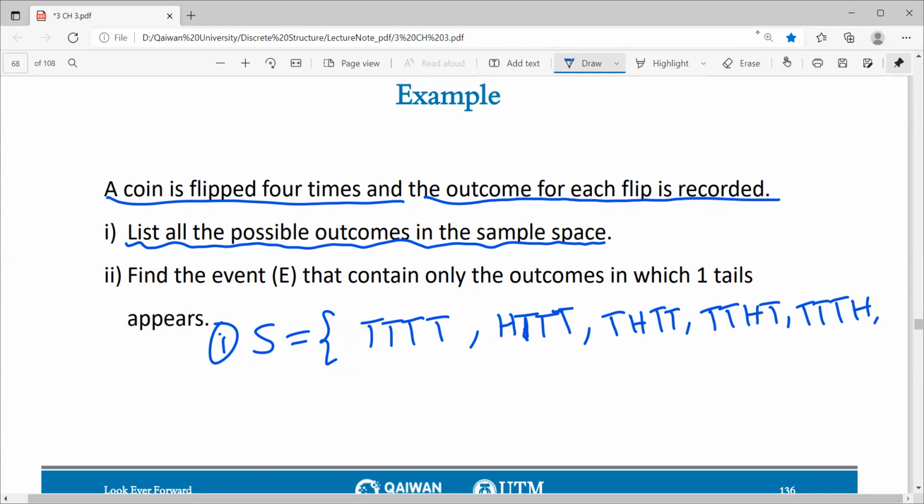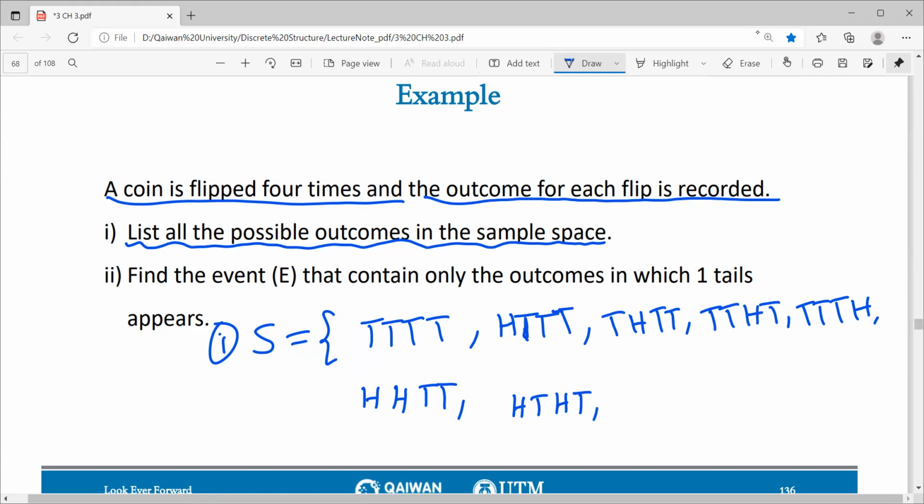Then we have some more possibilities. If 2 of them are head and the other 2 are tail, let's say the first 2 are head and the second 2 are tail. And if the first is head, the second is tail, the third is head, and the 4th is tail.